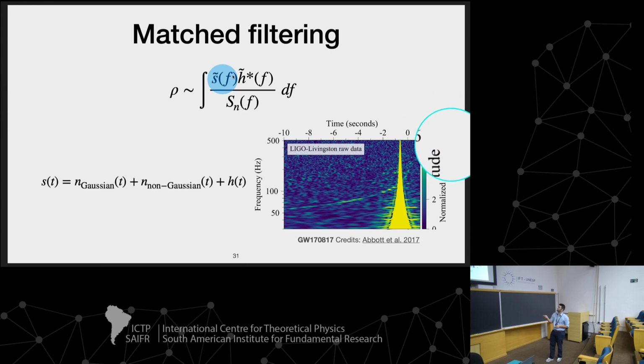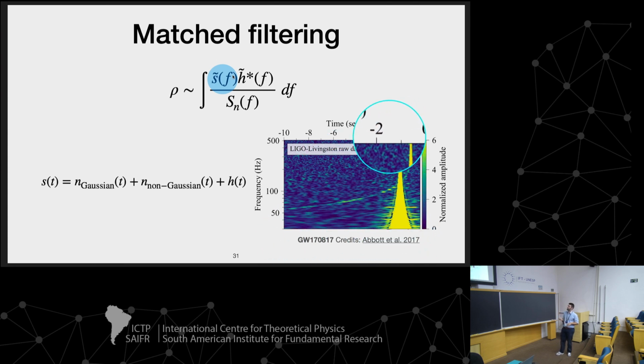Whatever you see here is the Gaussian noise, random fluctuation around a zero mean. And the thing that you see there is a glitch. So this is a noise that is not predictable, that is not Gaussian. These are noise sources produced by the detector.